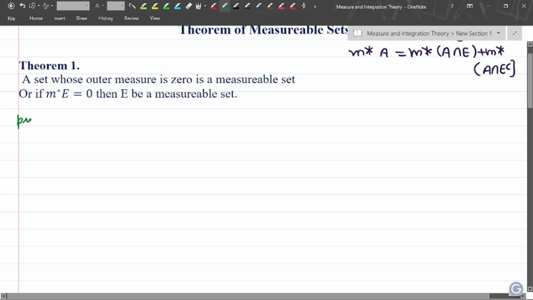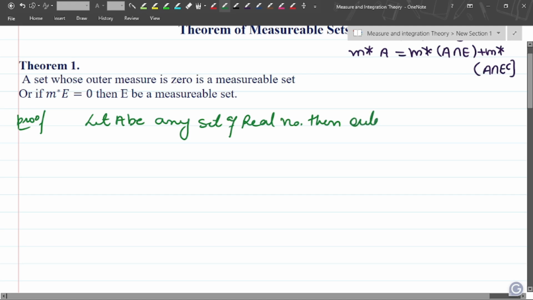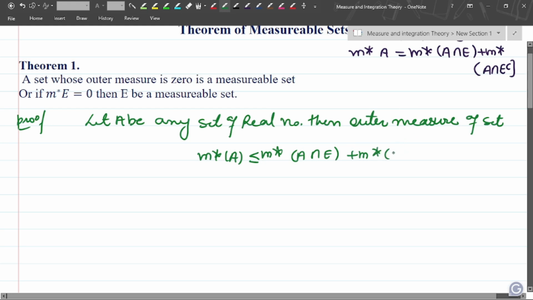So proof. Let A be any set of real numbers. Then the outer measure property is M star A is less than or equal to M star A intersection E plus M star A intersection E complement.